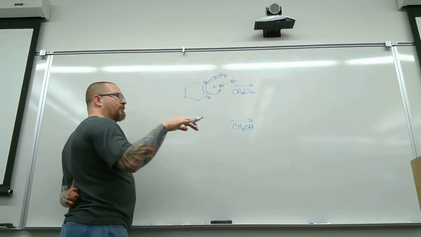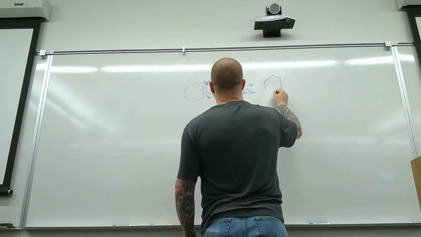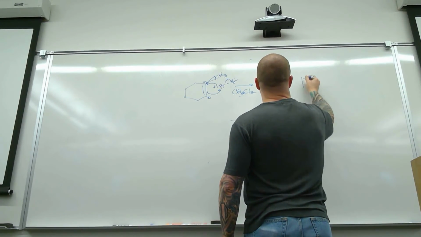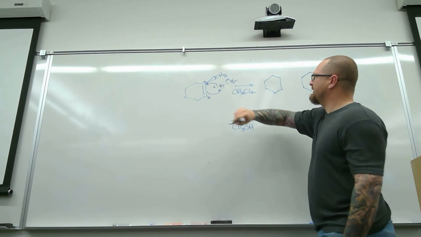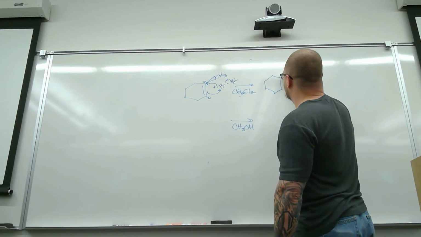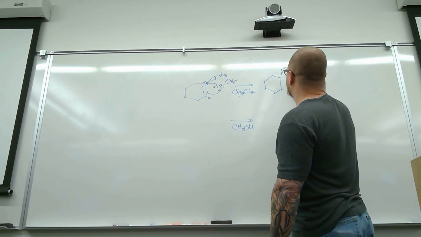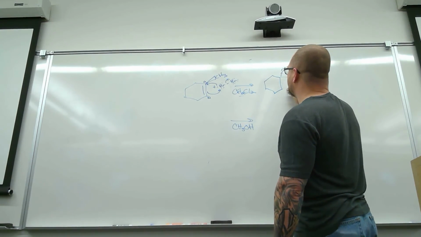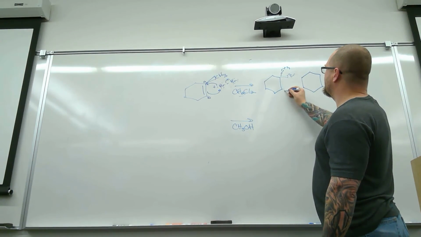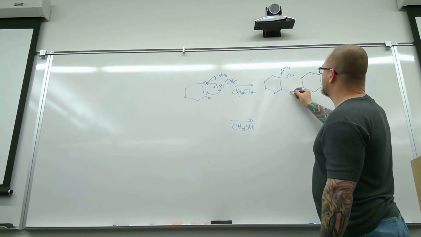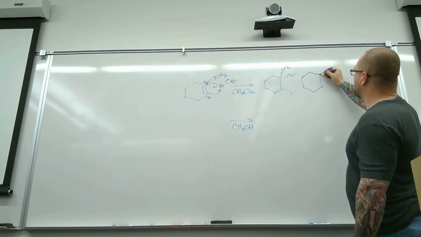Because of the partial cationic character. If it attacks from above, it's going to push the methyl group down. And then we're going to get our second attack from underneath when it ring opens. If it attacks from underneath, it pushes the methyl group up.